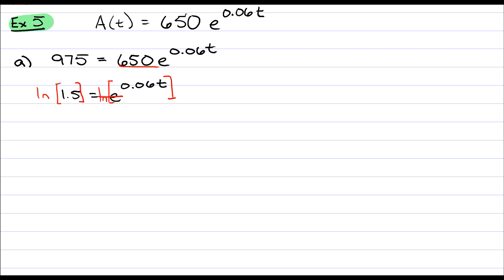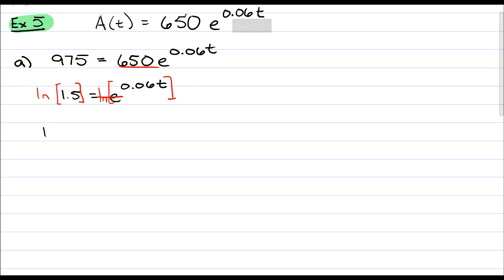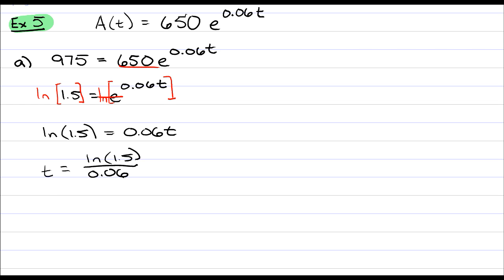And that gives me ln of 1.5 equals 0.06t. So I can divide both sides by 0.06, and that's going to tell me that t is equal to the natural log of 1.5 divided by 0.06.